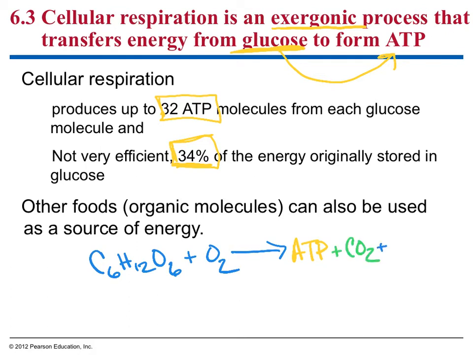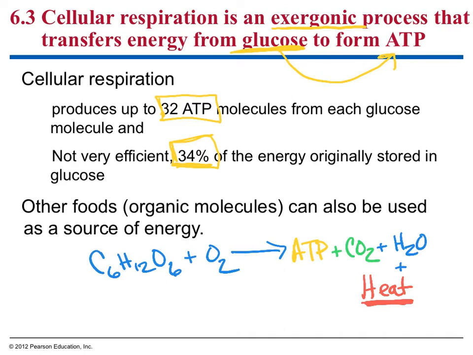Can't really use that. We get some water. Again, water doesn't have much energy. But the big loss of energy here occurs in the form of heat. So heat gets lost to the environment. So that's where the rest of that energy goes.